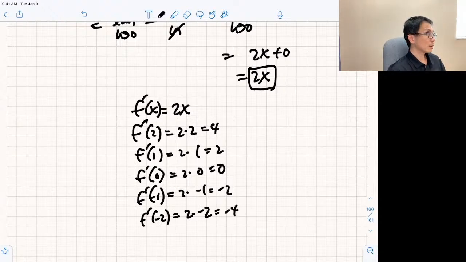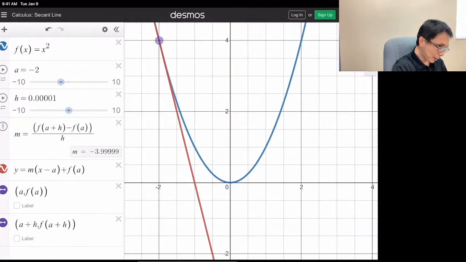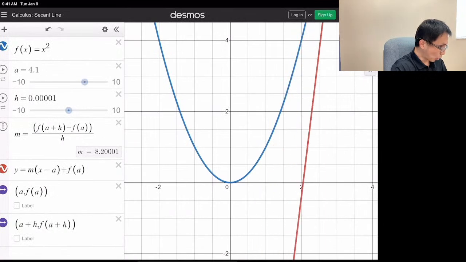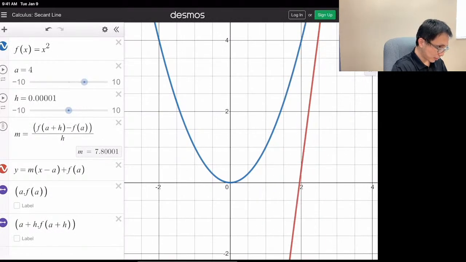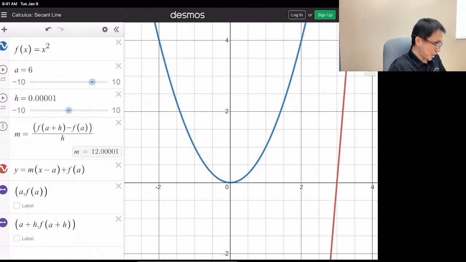Guess what? This equation can tell me the slope everywhere, which is super powerful because we're going to go back. Let's say it's 4. 4 times 2 is 8. See that slope? It's 8. Could be 6, it's 12.